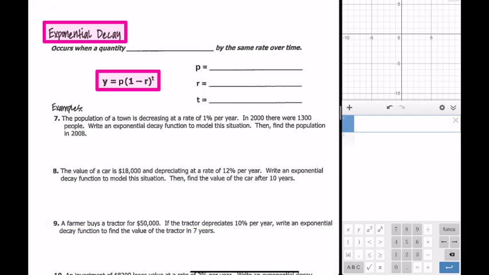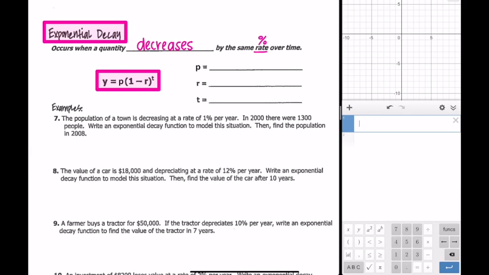Now we're going to look at exponential decay. So if growth occurs when a quantity increases by the same rate over time, exponential decay occurs when a quantity decreases by the same rate over time. And again, that rate is a percentage. Now the formula looks very similar.